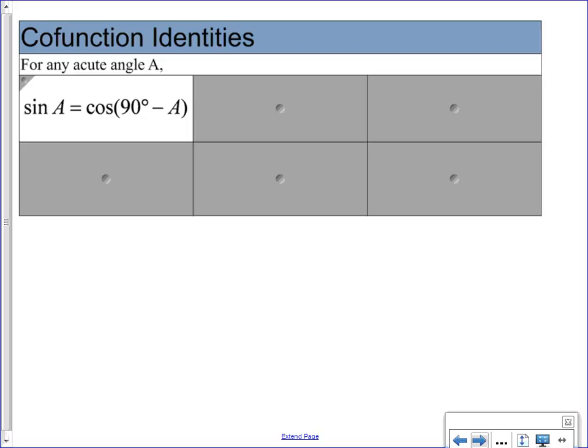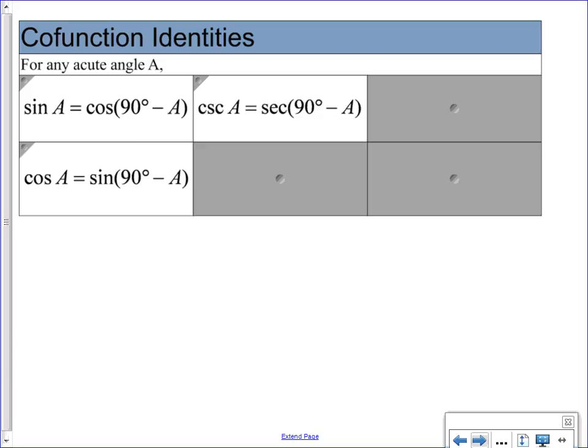Sine A is equal to cosine 90 minus A. Remember that sine and cosine are cofunctions, so cosine A equals sine 90 minus A, which is the sine of B. Remember, B is 90 minus A, so it would just be the sine of B. For cosecant and secant, cosecant A is equal to secant 90 minus A. Same thing for secant to cosecant.